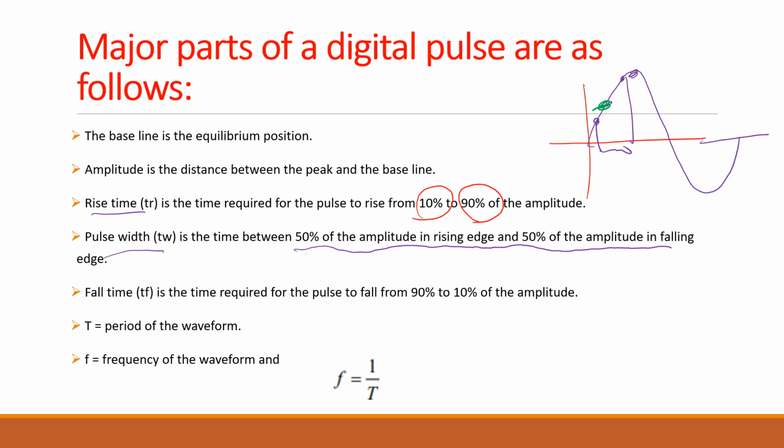We will discuss them more later on. Fall time is the time required for the pulse to fall from 90% to 10%, the other way around, from here to here. T is the period and F is the frequency, and we have already discussed that. I hope you guys are okay with that.